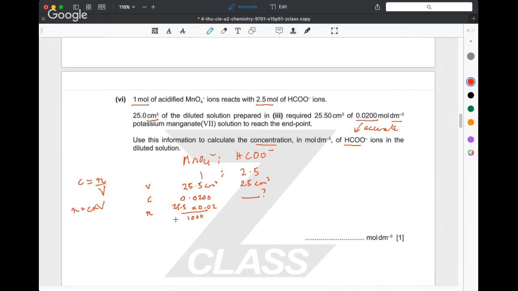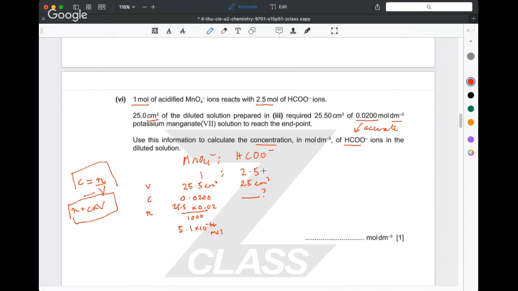And if you do that, you end up with an amount, the number of moles, of 5.1 times 10 to the minus 4 moles. Because you're working with that formula for concentration, and you rearrange it to make the amount, or the number of moles, the subject of the equation. You put in the numbers, you use the 1,000 conversion factor, and you end up with this as the number of moles in 25.5 centimeters cubed of manganate 7.